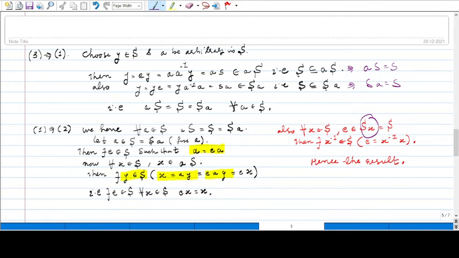So for any X belongs to S, E belongs to SX, which is equal to S. Then there exists X inverse in S such that E equal to X inverse X. This is a notation, X inverse. You can call it K or something, but our idea is to get a left inverse. So I have used this idea, X inverse X. Hence the result.